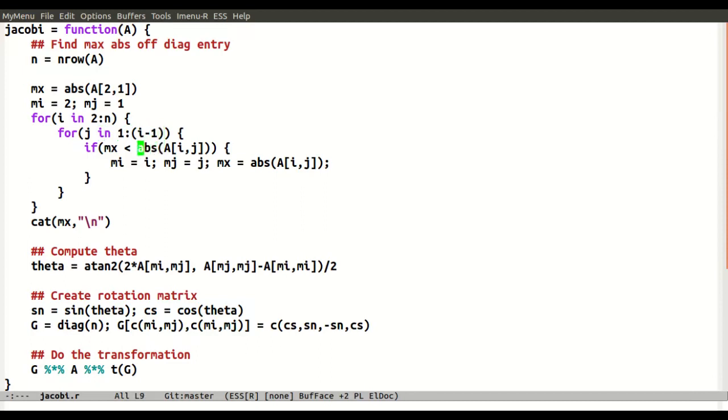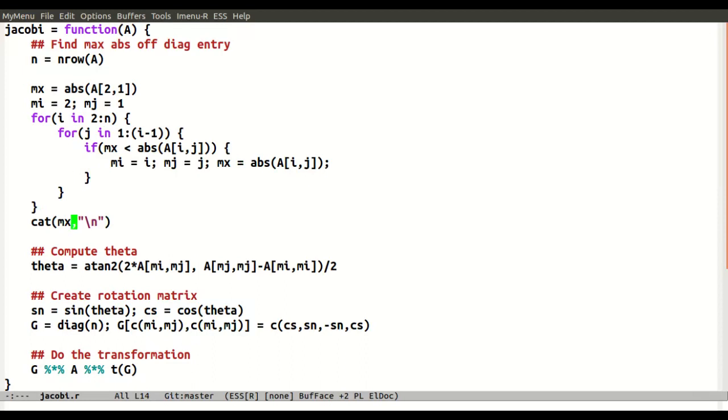And if the current maximum happens to be smaller than this absolute value, then we will update our maximum. The row of the maximizer will be stored in mi, the column will be stored in mj, and the maximum value so far itself will be stored in mx. We just run the loop, and when we come out of the loop, mx should store the maximum value.